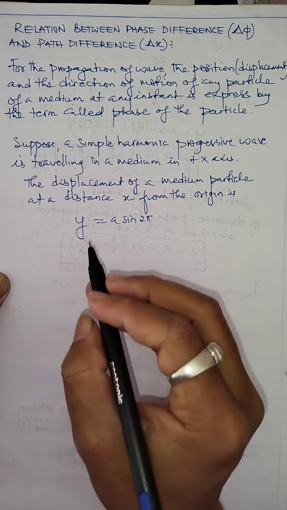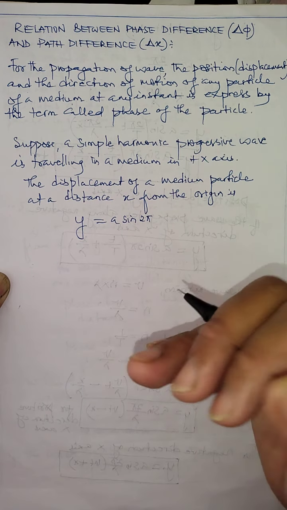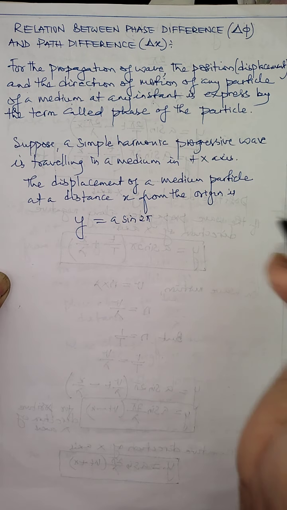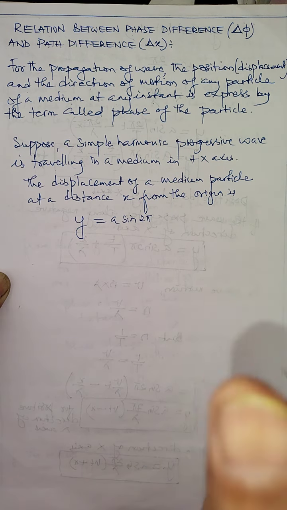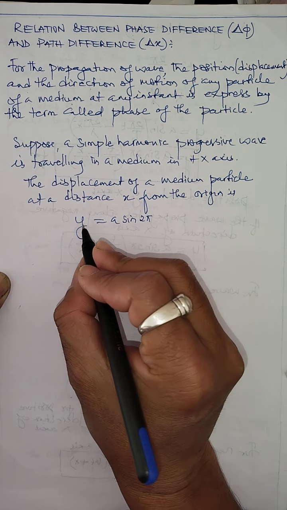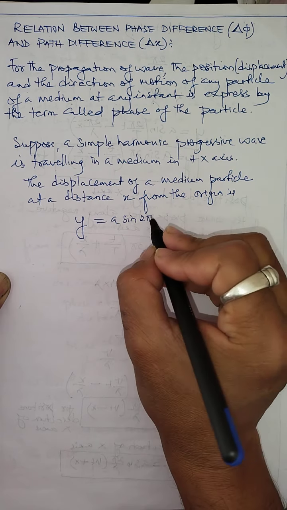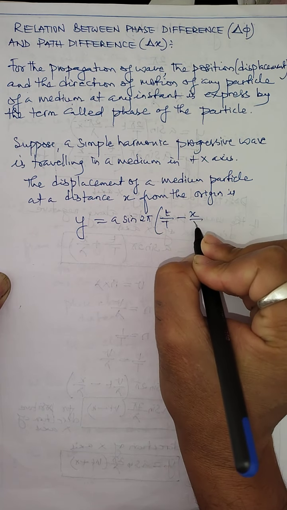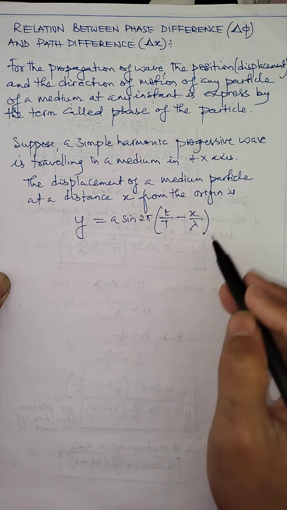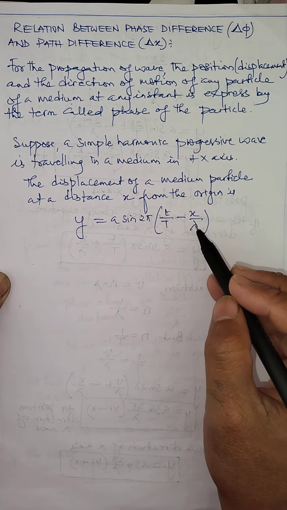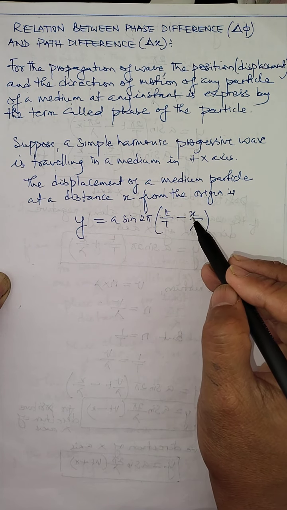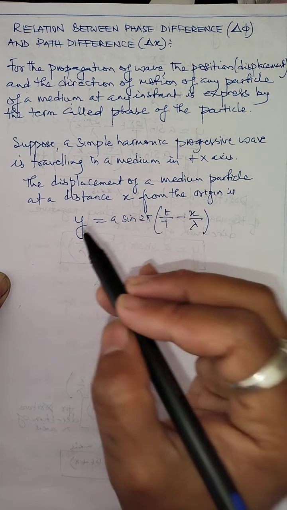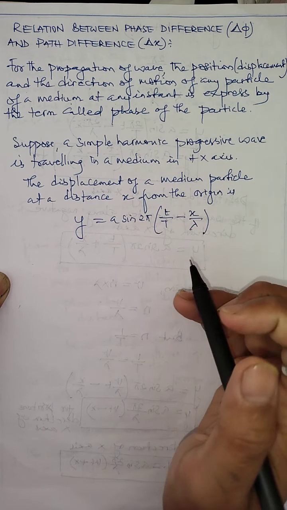Actually, you have learned three different expressions of the displacement equation, but let me write one of them, for a medium particle at some time t at a distance x from the origin: y equals a sine 2 pi bracket t by capital T minus x by lambda. This relation is in terms of time period, wavelength, and the distance at which the particle has a displacement after a time interval.